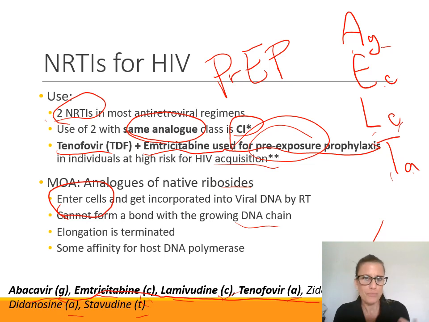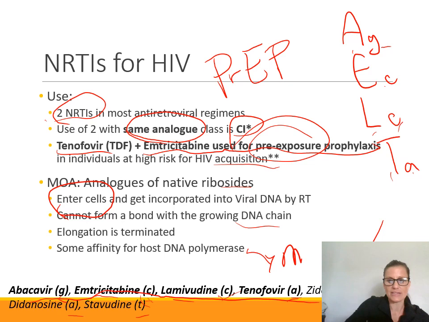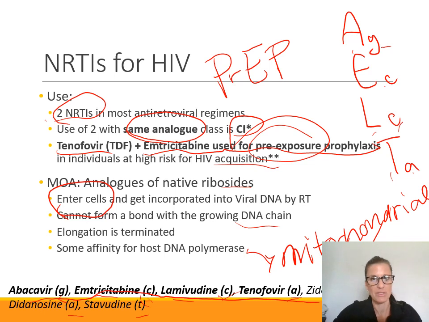Now, the affinity for host cell DNA polymerase is really low. So they have a much greater affinity for the HIV DNA polymerase, except for mitochondrial DNA polymerase. So the affinity for host DNA polymerase is for mitochondrial DNA polymerase.